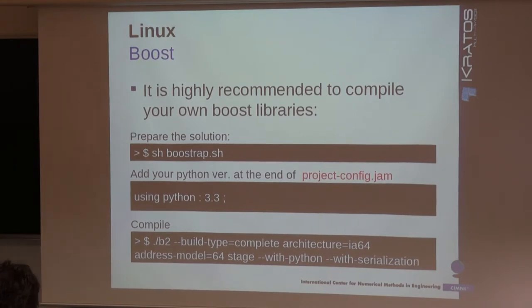This line is important because with this line you will tell Boost which version of Python to use. This is the source of many problems that people have, and you have to make sure that the version you're using to compile Kratos is the same that you use to compile Boost. Otherwise, it will give you problems and Kratos will stop running.